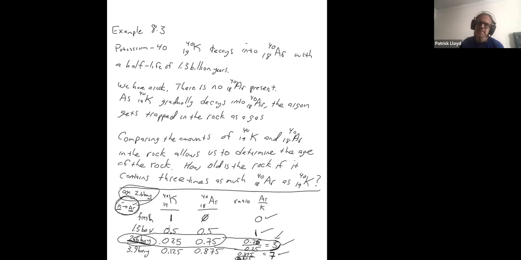Okay, let me show you one more. I'm going to take a look at an end of chapter problem here. Okay. So this is number 40 at the end of the chapter.